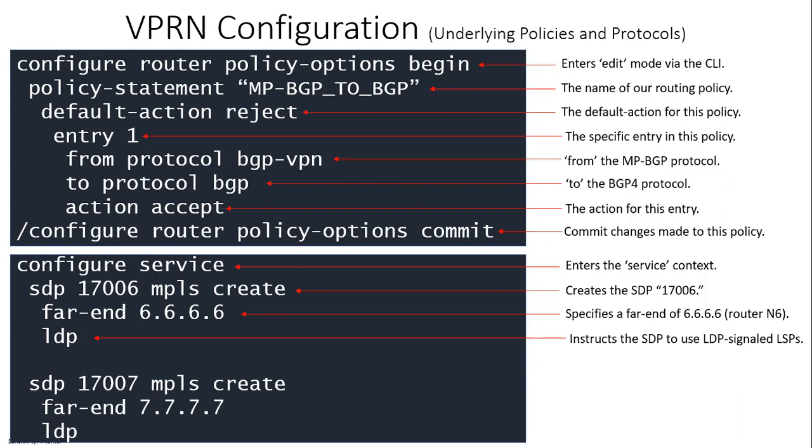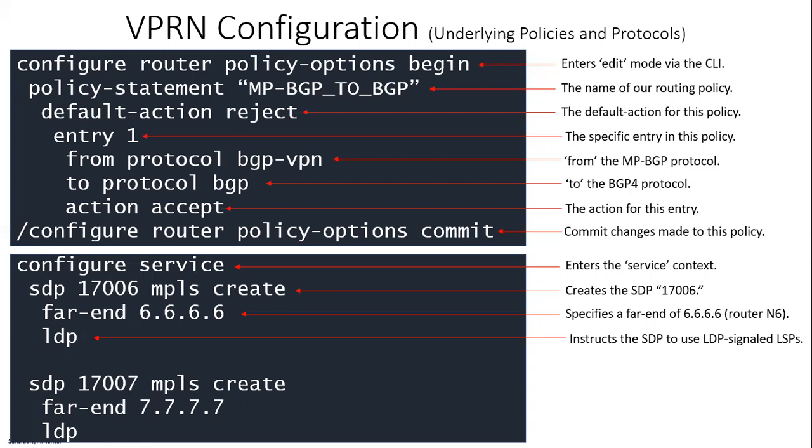And once we have our routing policy built on each provider edge router, I then like to build our service distribution points, which are going to be our targeted LDP sessions. So configure service enters the service context, and we're going to create 2 service distribution points. Keep in mind that this is from the perspective of router N1.